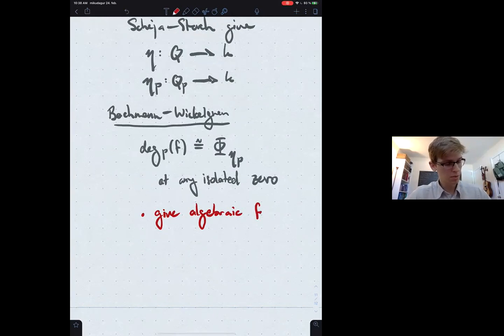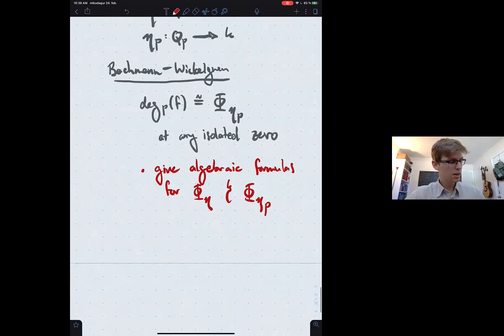We give algebraic formulas for the global Scheja-Storch form and the local Scheja-Storch form. And then we build on the work of Becker, Cardinal, Roy, and Jafraniak to describe a local to global principle for these bilinear forms.